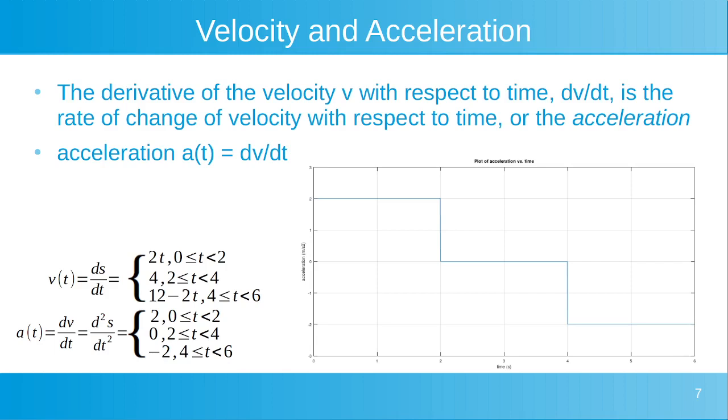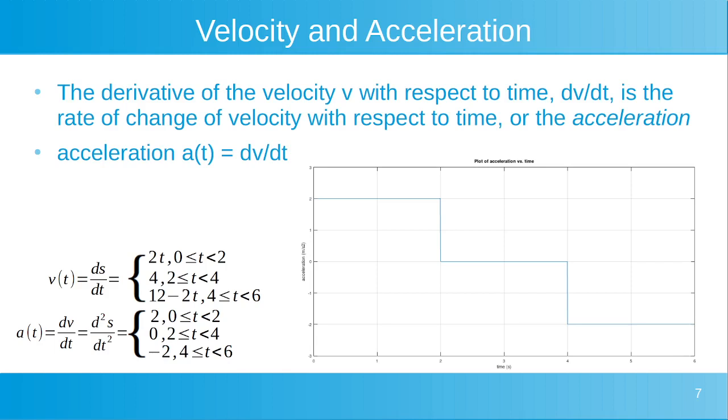And when we calculate those derivatives, our first sub-function for velocity was 2t, and the derivative of 2t with respect to t is 2. Our second function for velocity was 4, and the derivative of 4 with respect to t is 0. And our third sub-function for velocity was 12 minus 2t, and its derivative with respect to t is minus 2. So now we've got a new piecewise function describing the acceleration of our object with respect to time.